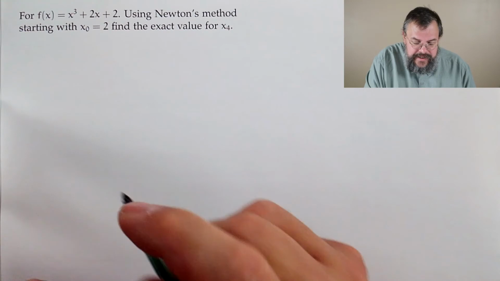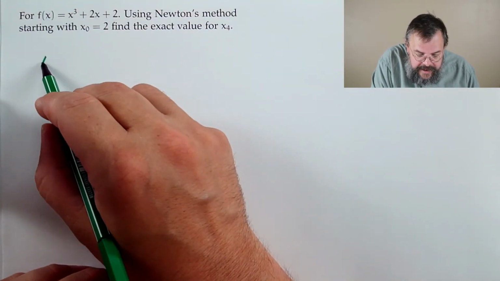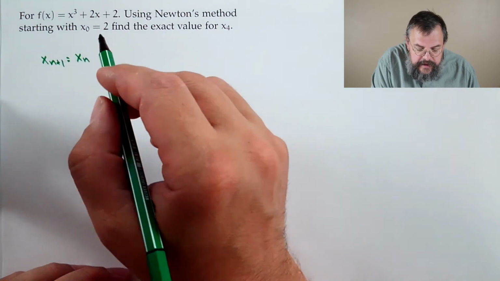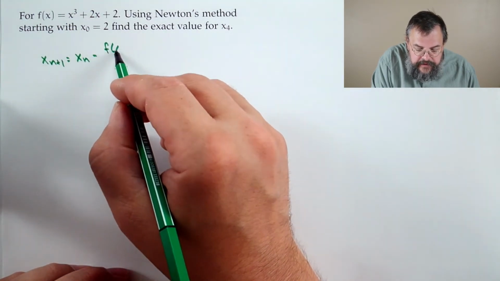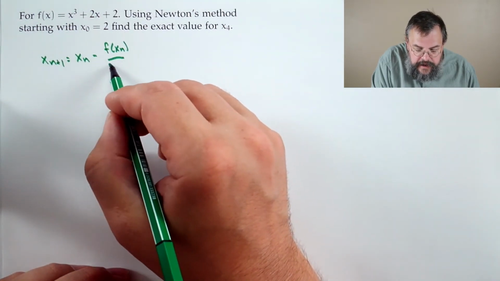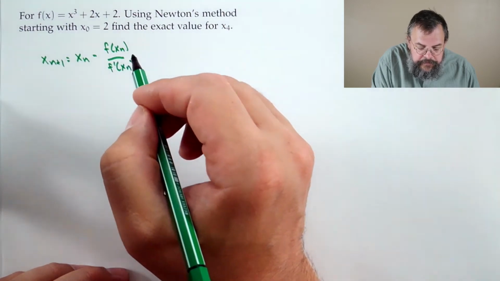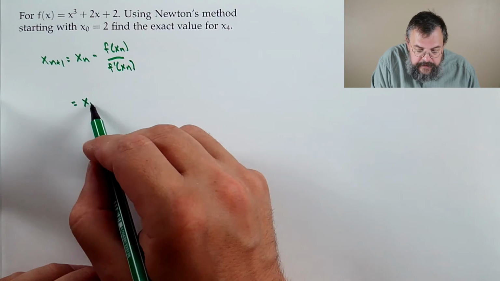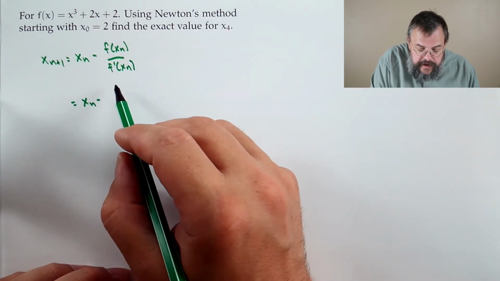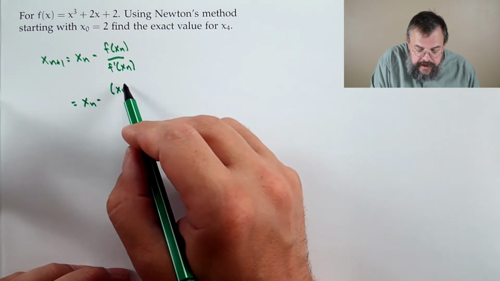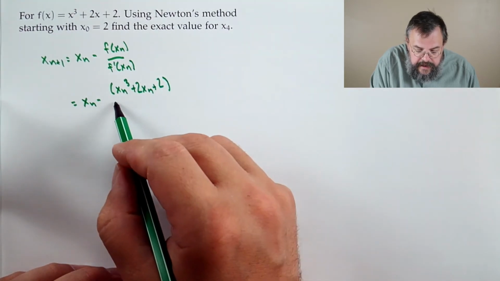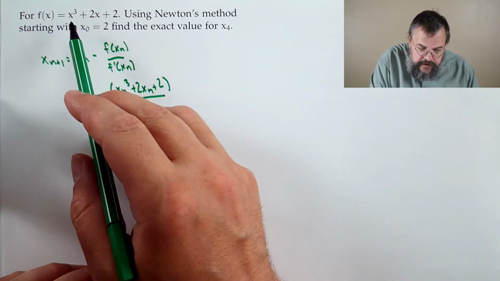All right, so here we go. We'll write down our basic formula: xn plus 1 is xn minus f of xn over f prime of xn. So that's xn minus, and upstairs I'll do xn cubed plus 2xn plus 2, and downstairs I'll take the derivative.